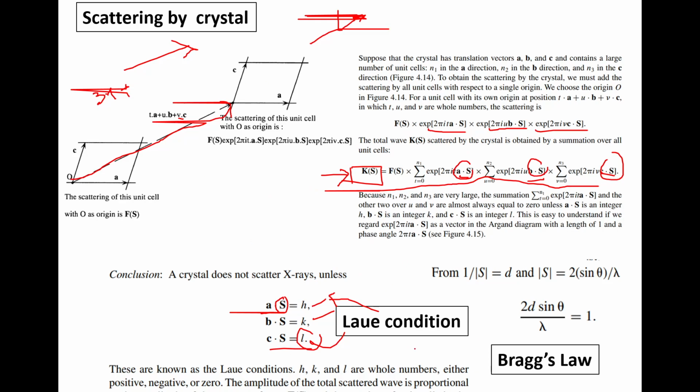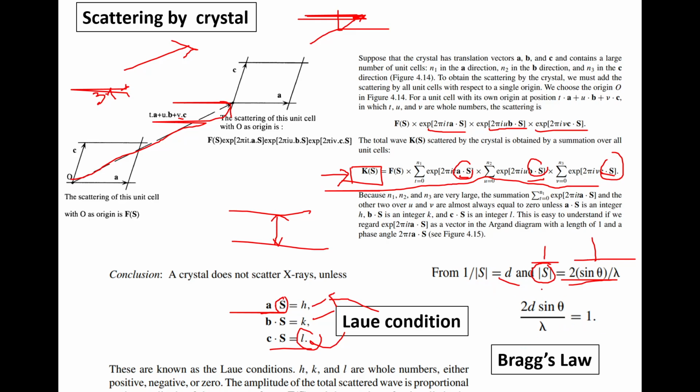Now from here, the magnitude of s is denoted by this, and 1/s was found to be similar to the interplanar distance d. We know that the magnitude of s can be written as 2 sin theta by lambda. You substitute 1/s, reverse this equation and solve it.